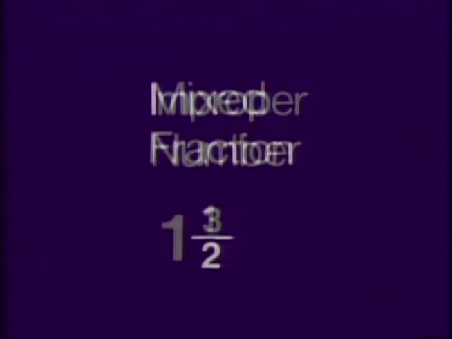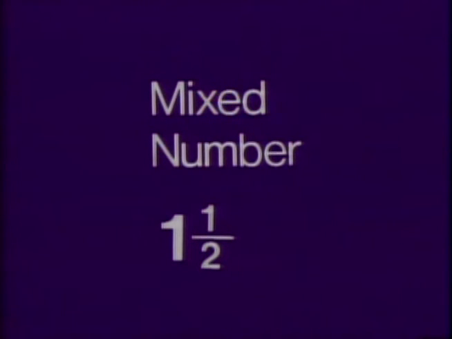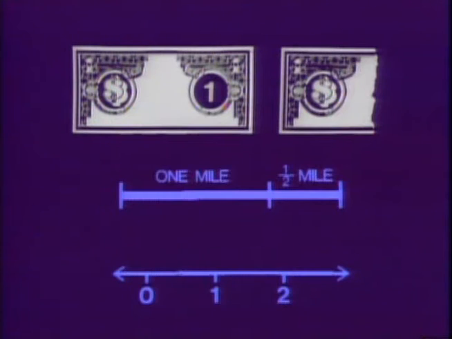What do we mean by the mixed number 1 1/2? If we think of it as money, it's $1 plus half a dollar. If we think of it as distance, it might be a mile plus a half mile. If it's a point on the number line, we can get there by adding 1 1/2.